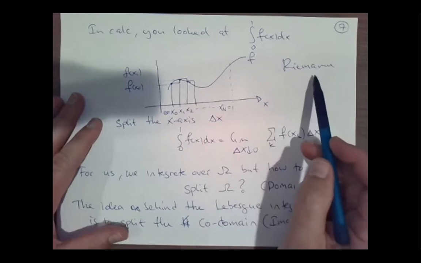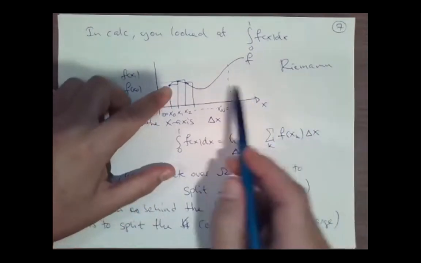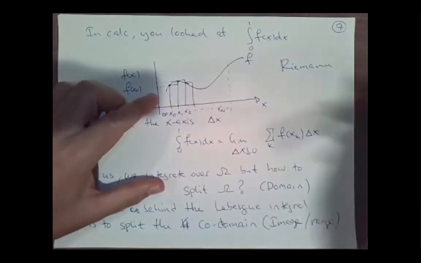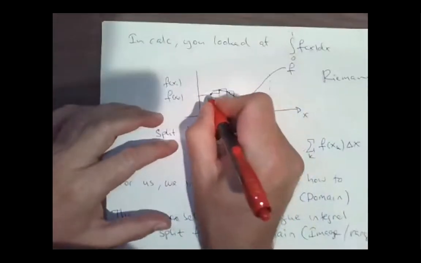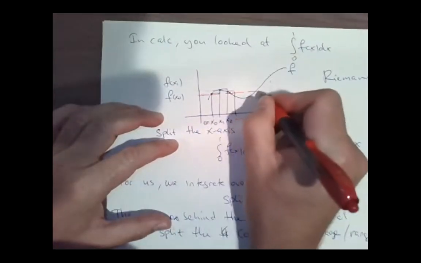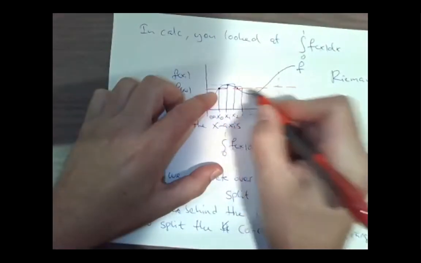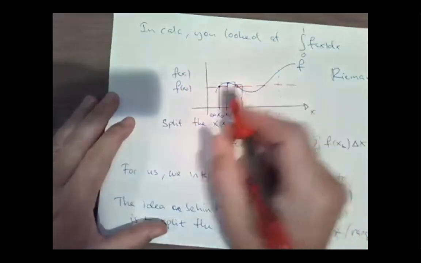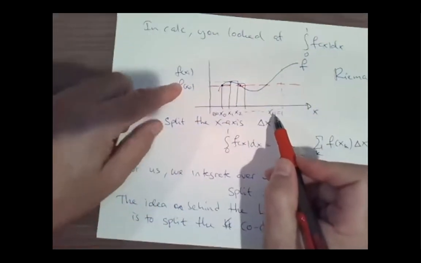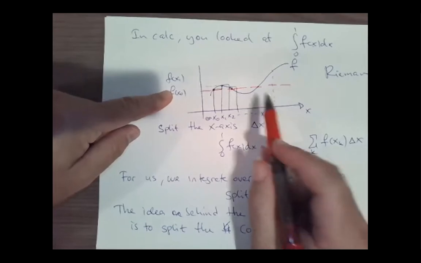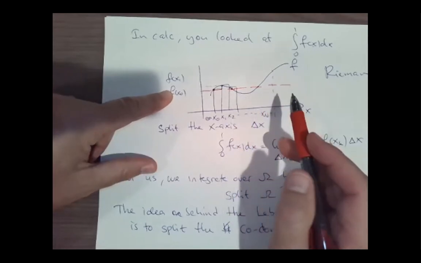Even here for the Riemann interval, this is not the case, right? If I put a flat line here, I can find one x there, one x there, and one x there. I can find three x's that give me one y value. So it's not going to be this simple.